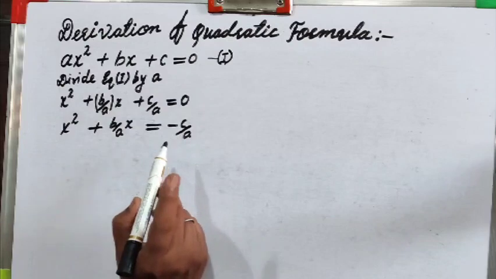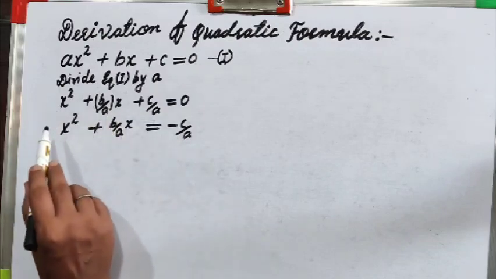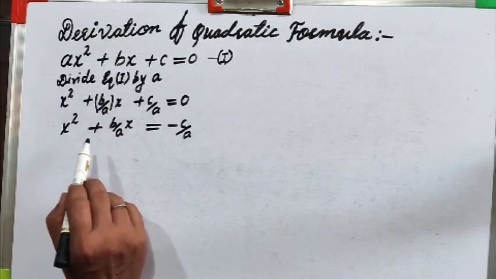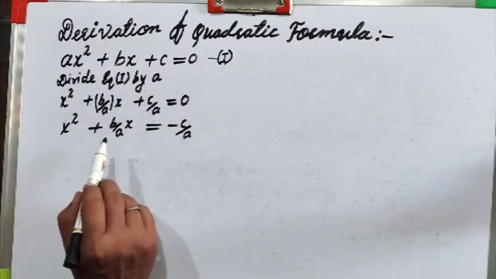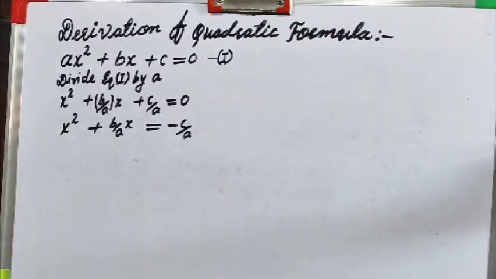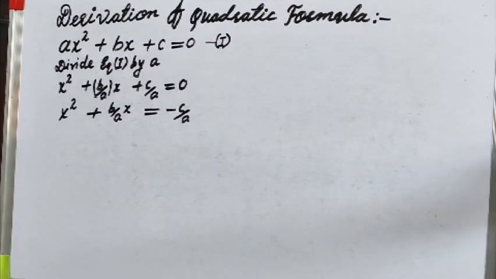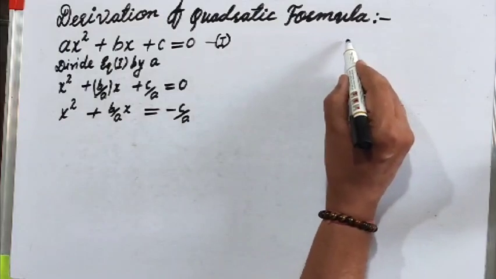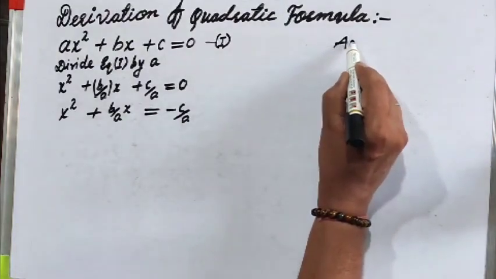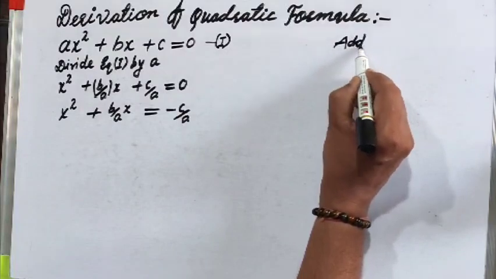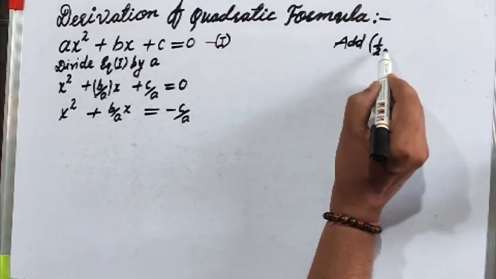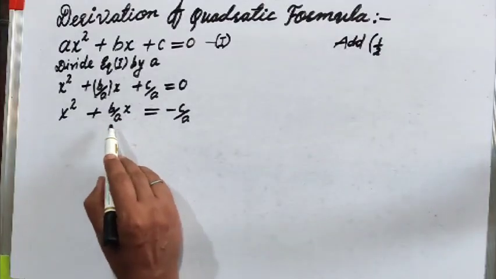Now we will try to make the left hand side a perfect square. In order to make the left hand side a perfect square, we will add a number: 1 upon 2 times the coefficient of x, the whole square.